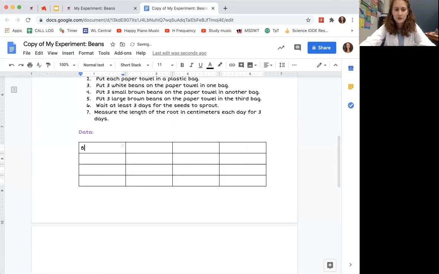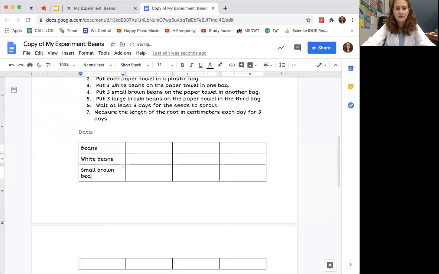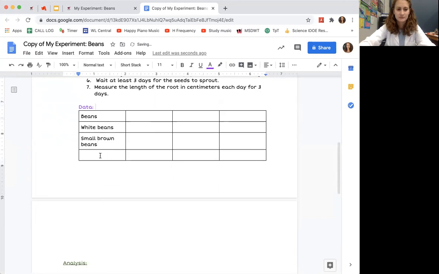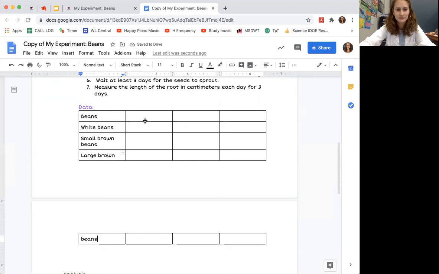Okay, so this will be our beans column: white beans, small brown beans, large brown beans.